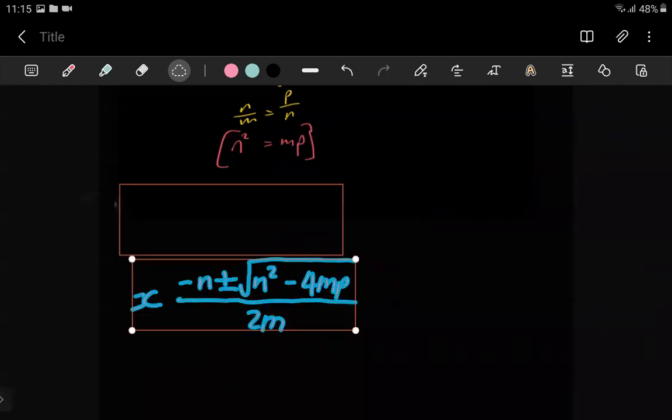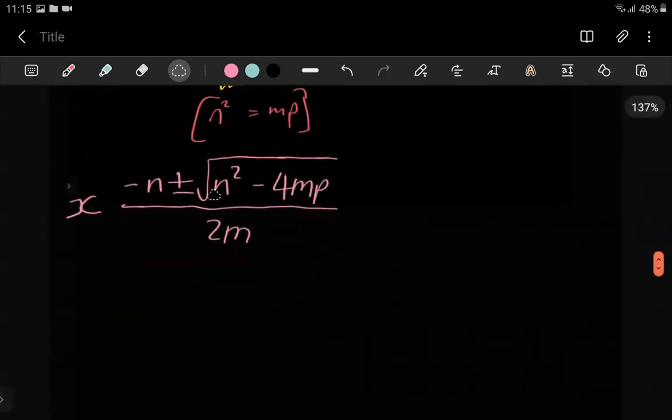We already know that for the part under the square root, for this expression to have a solution, it has to be bigger than 0. The n squared minus 4mp has to be bigger than 0 for your x to have solutions.